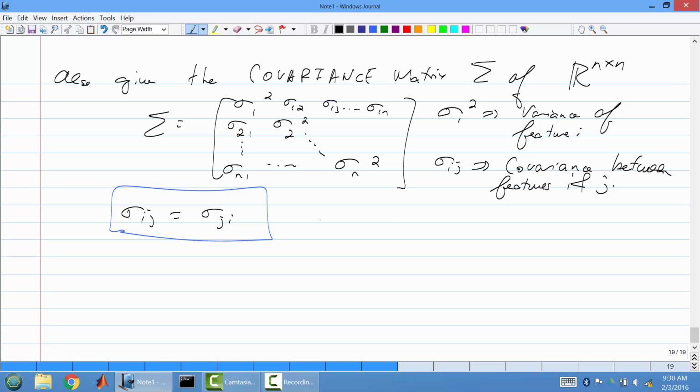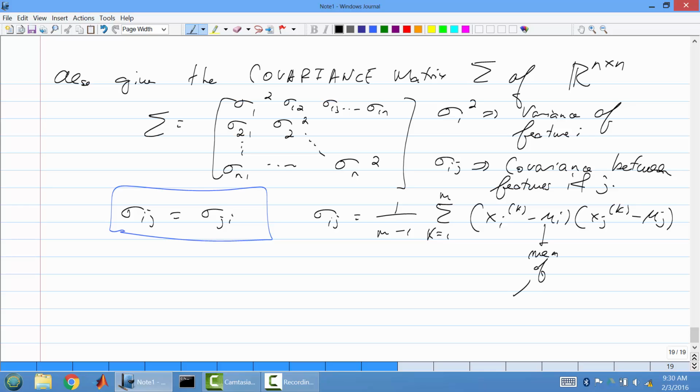So if you want to compute the covariance, it's simply equal to 1 over m minus 1, the sum for k equals 1 to m, sorry, we're going to do training examples, of x_ik minus the mean of feature i, times x_jk minus the mean of feature j. So this is the mean of feature i, and this is the mean of feature j, and you have m examples.